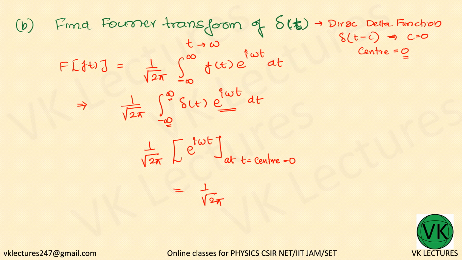So you will get only constant values. What is the conclusion from this? The Fourier transform of the Dirac function is a constant. The constant function.